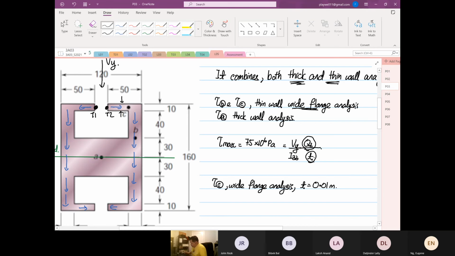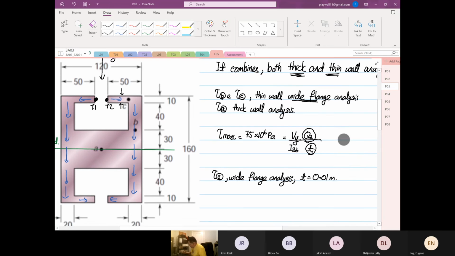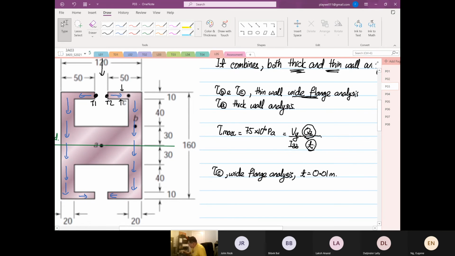So now we want to find, not the shear stress, the first moment of area at point C. We only need to consider this area over here that I'm shading. So width, depth, y bar.